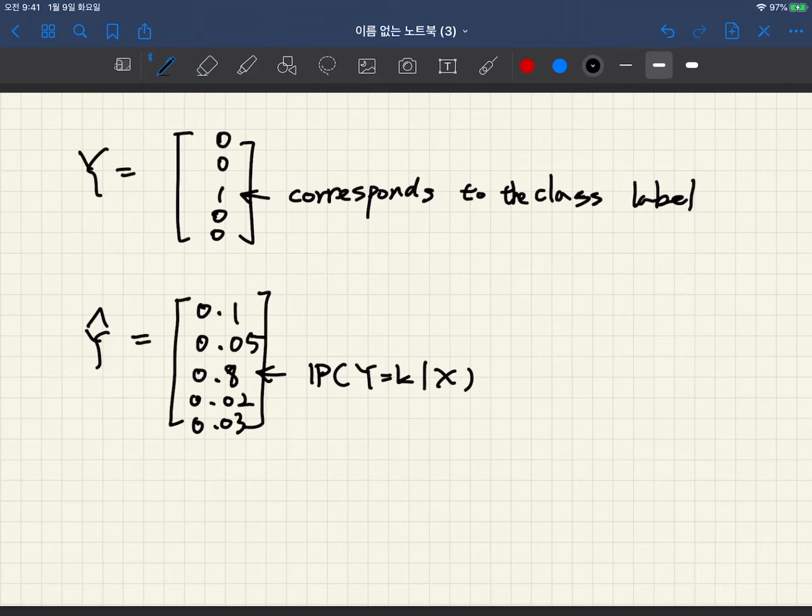Okay, so basically your model output y hat indicates the conditional probability for each output label y.